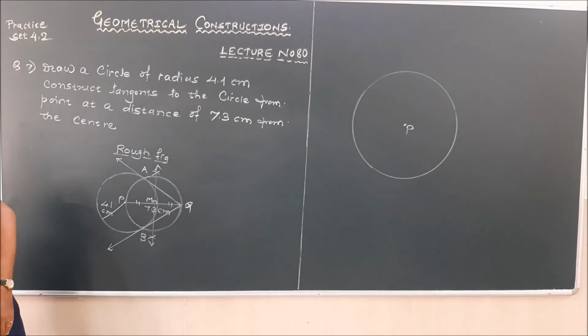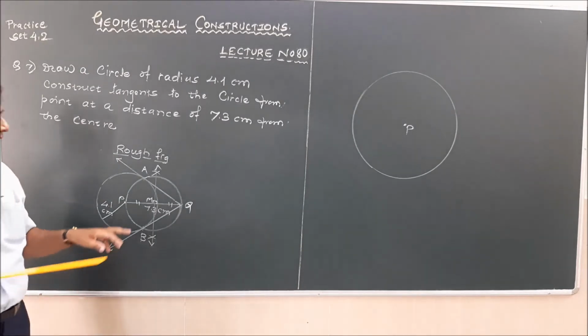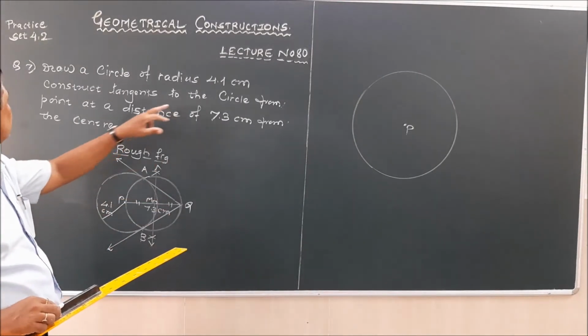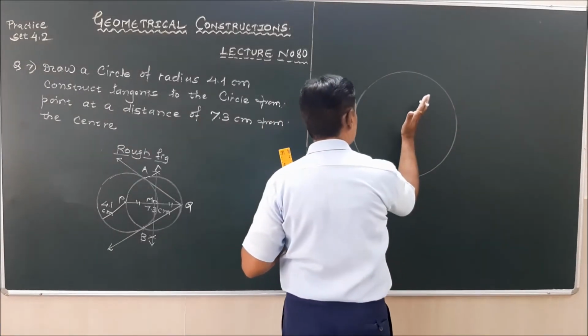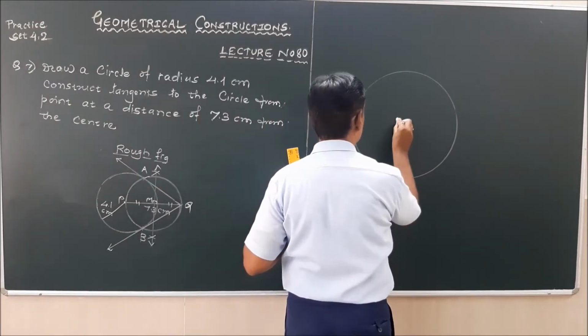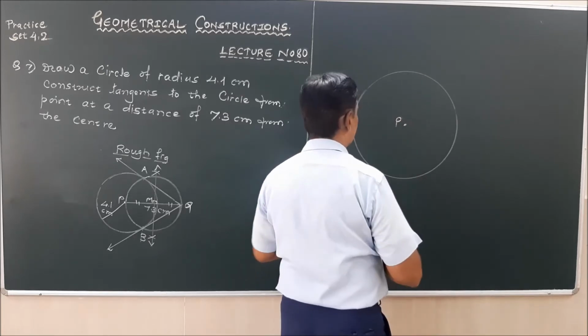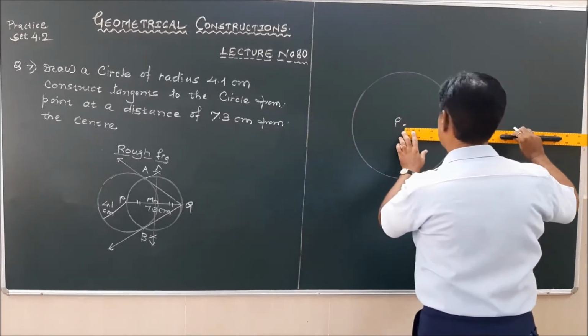Then we have to take point Q. At what distance? 7.3. So from P, you take point Q at 7.3.